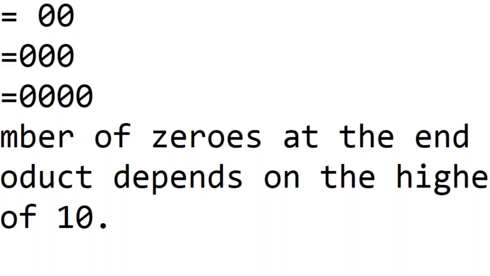To find the highest power of 10: is 10 a composite number or a prime number? Composite number. Whenever a composite number is given, we need to write it as a product of prime numbers.